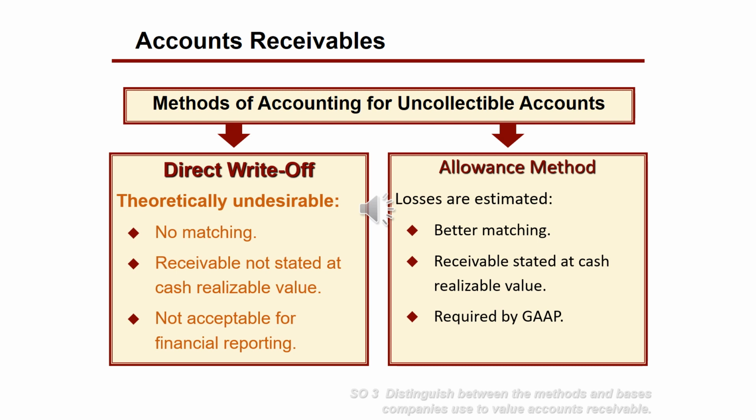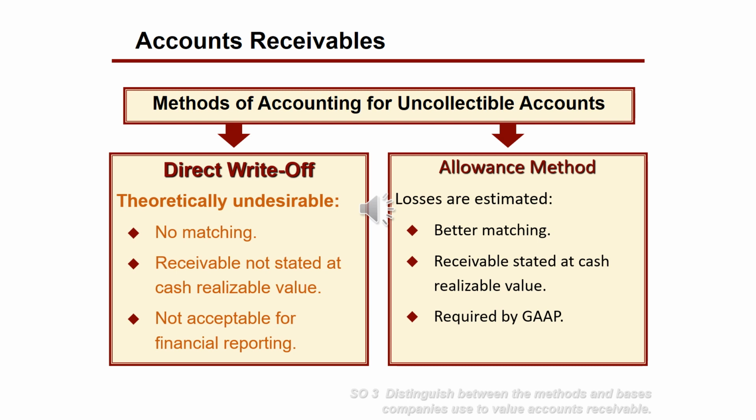Now, how do companies show on their financial statements and on their records that some of their accounts receivable are uncollectible? They have two methods. The first one is the direct write-off. Now, this one is not really in accordance with GAAP, so we don't really focus much on this one.